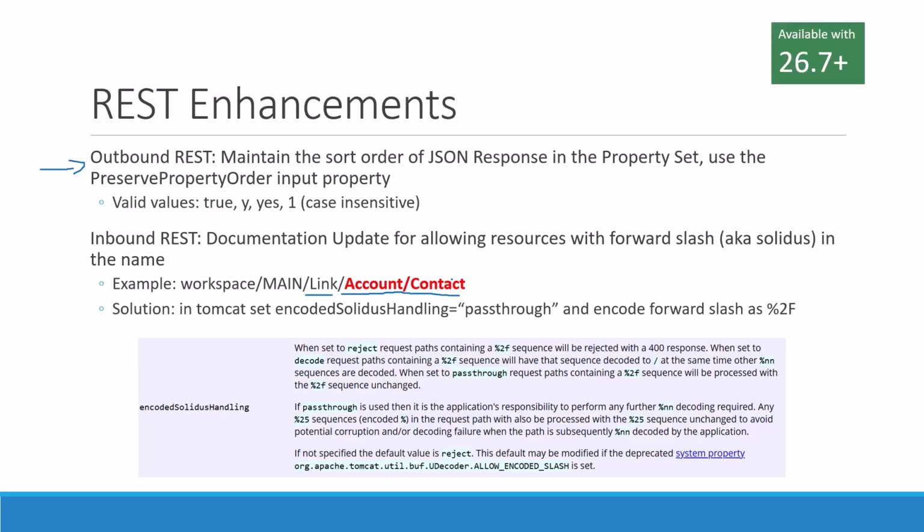It's basically turning on a feature of Tomcat, which has a funny name, encoded solidus handling, set to pass through. The solidus is the forward slash. You can pass it through encoded, and it will be accepted and it will work. So that's the short story. That is now documented in Bookshelf. It's an official tweak of Tomcat, if I might say.